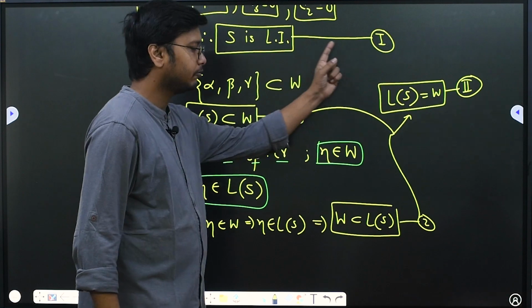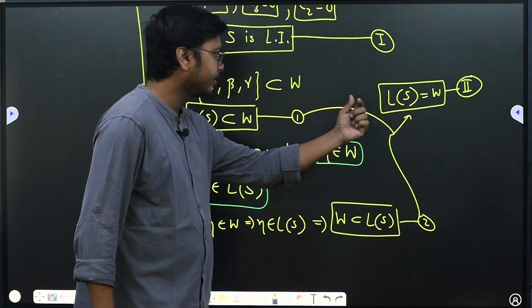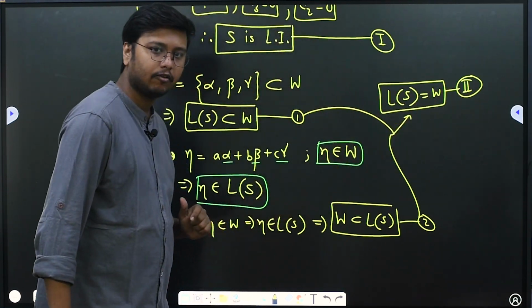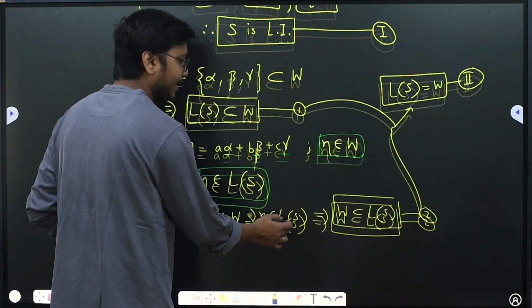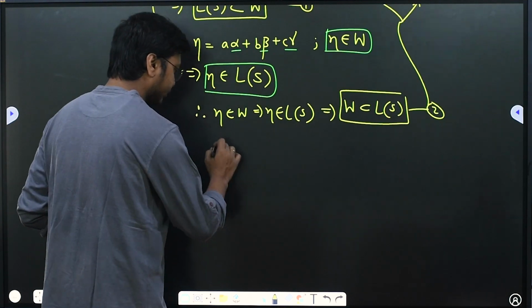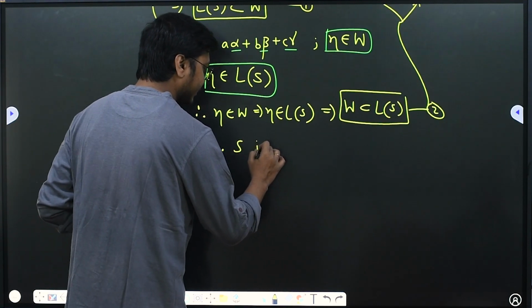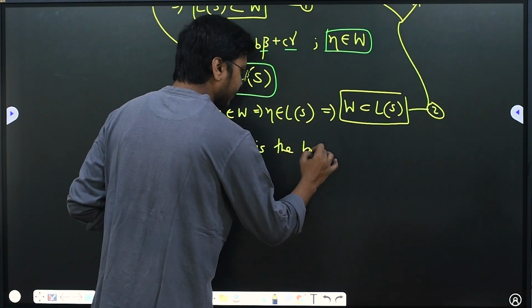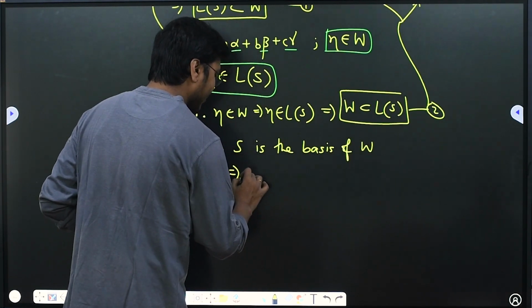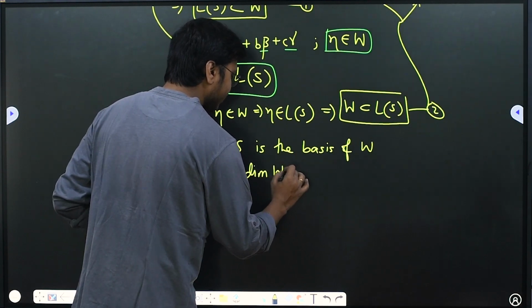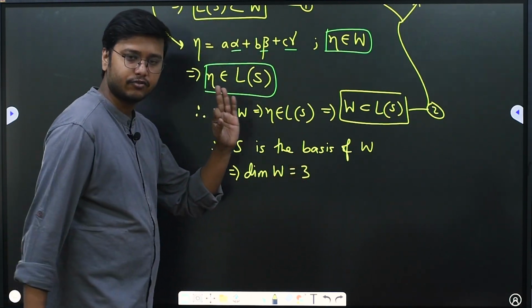Using the first condition, which is linearly independent, and the second one, which is L of S equals W, I can say that S has become the basis of W. So therefore S is the basis of W, and dimension of W is 3, because it contains 3 elements alpha, beta and gamma.